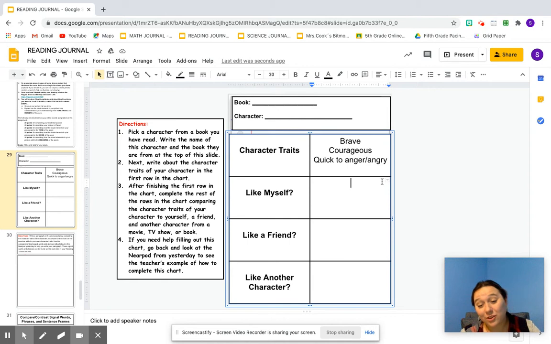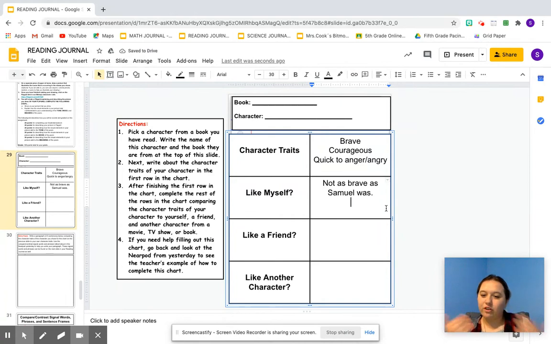I might run out of the room if there's a spider in the room. So when compared to Samuel's character traits to my own, I might say that I'm not as brave as Samuel was. So that would be a way to compare my character traits to his.